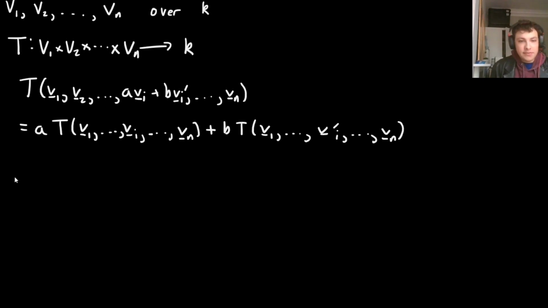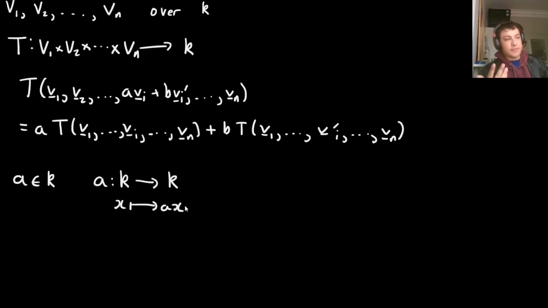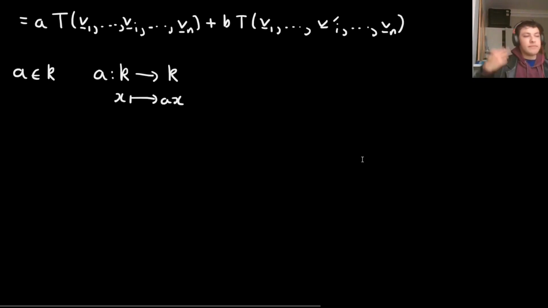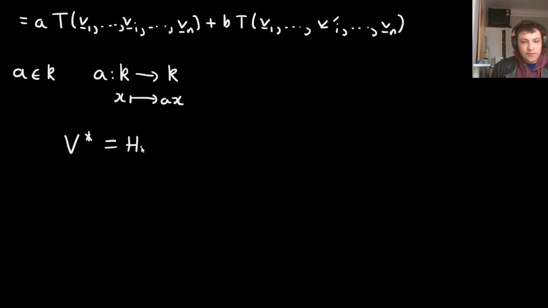So a scalar is a tensor because if a is an element of K, then a defines a map from K, which is a vector space, to itself, with x mapping to ax, scalar multiplication. It's the most basic tensor. It's sort of a zero tensor, because K is not a full vector space when we start talking about tensor products over a single vector space later on. The dual space, V star, of V, is all linear maps from V to K, or R if it's a module.